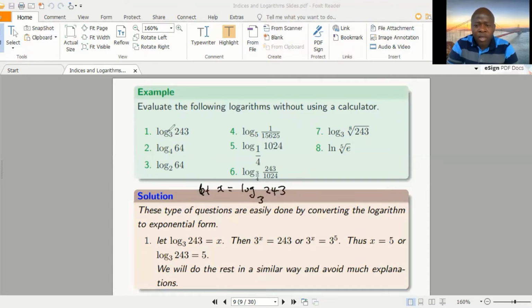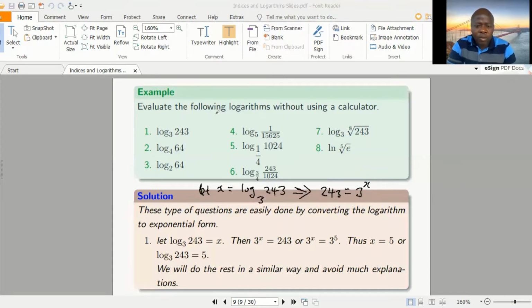Because this is what we want to get, and we don't know what it is, we let it be x. So this is logarithmic form. Then we write it in index form. When you write this in index form, you remember that x would go to where the power is, and 243 will go back. So we shall then have 243 equals 3 raised to x.